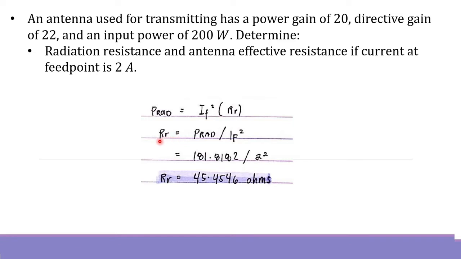So to get the radiation resistance, we need P rad over the feed point current squared, which is 181.8182 over 2 squared. So we will have the value for radiation resistance equal to 45.4546 ohms.